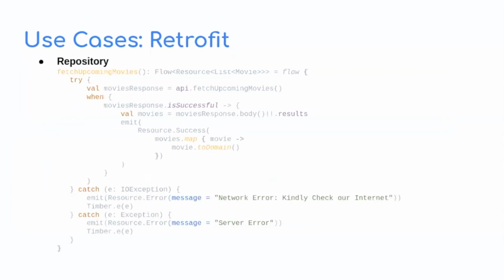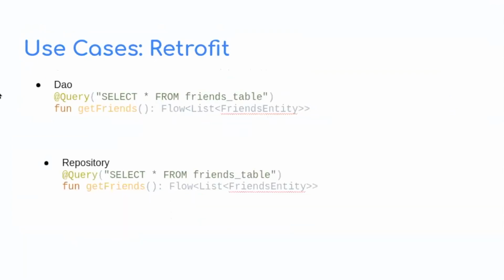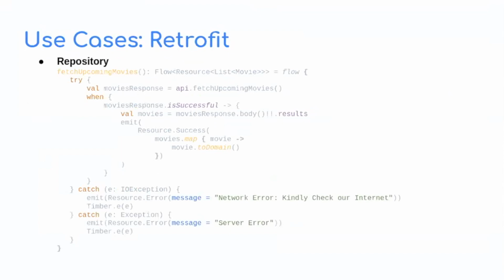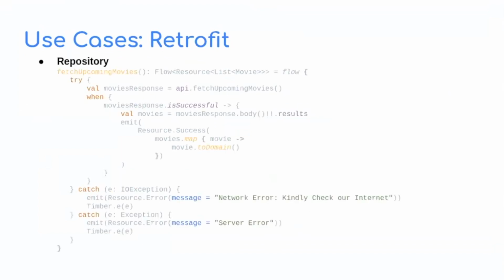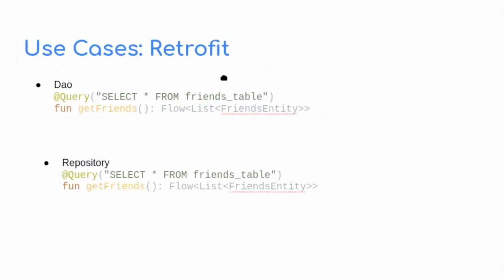So let's say we want to fetch data from our endpoint. With Retrofit, we just mark that function with suspend, and we can get the data as it comes. There's a screen that is missing here of the implementation of using Retrofit. It's the same as Room, but with Retrofit we just mark that function with a suspend modifier, and we can emit data from it.